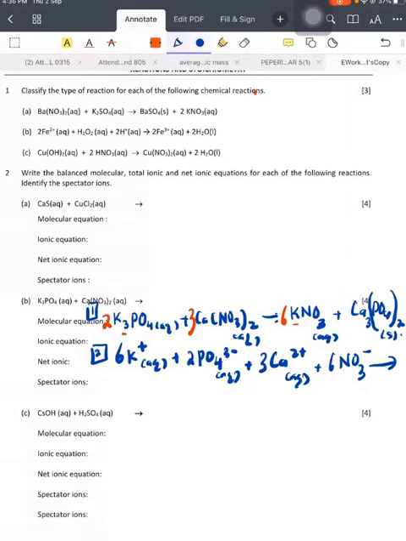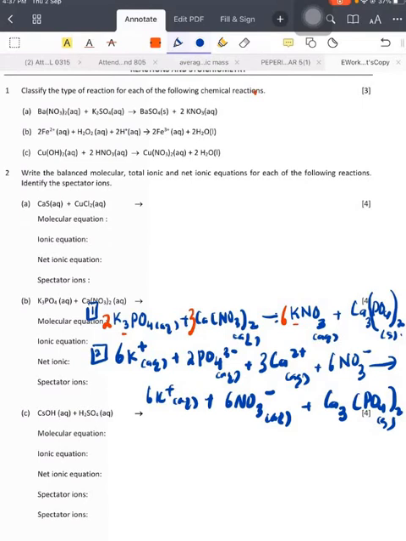So let's have a look at product. Produk kita ada 6 mole of K plus. Calcium. Lepas tu NO3 minus pun ada 6. Okay, and we know that calcium phosphate will remain intact. Okay, so my question is, what are the spectator ions? Kalium.